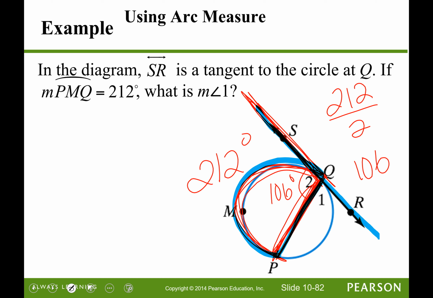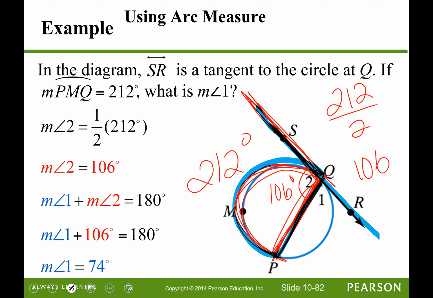Now, I'll give you a hint: 1 and 2 are a linear pair, or supplementary. So go from there. What do you get for the measure of angle 1? If you said 74 degrees, you got it right. For this to be supplementary to 106, it would have to be 180 minus 106, which gives us 74 degrees.